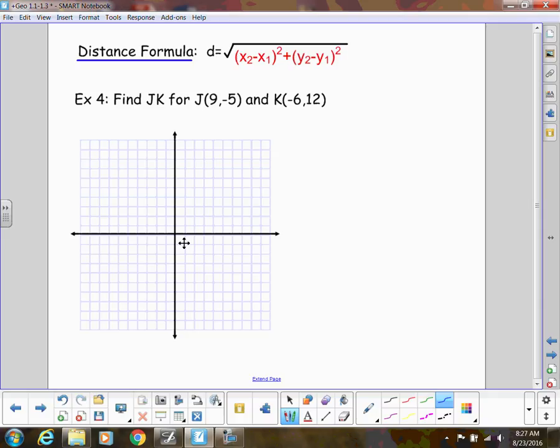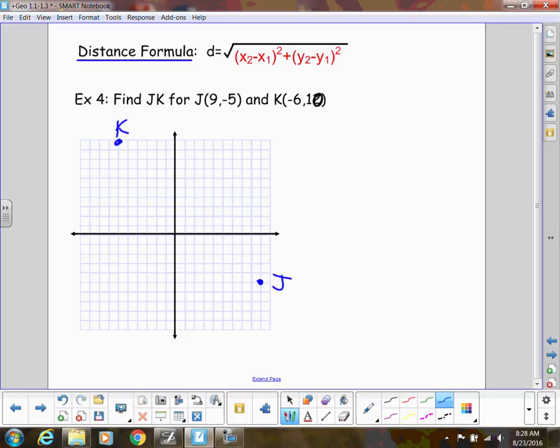So we've got 9, -5, which is right there, and -6, 12. I don't like 12. I'm going to change that right now. Let's call that 10, because my grid only goes to 10. So negative 6, 10. There we go. There's K.